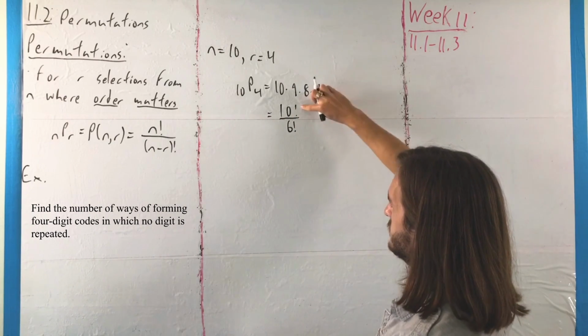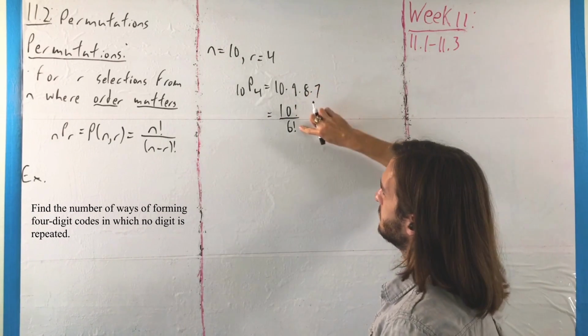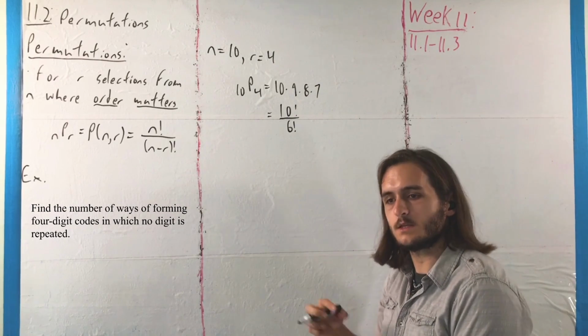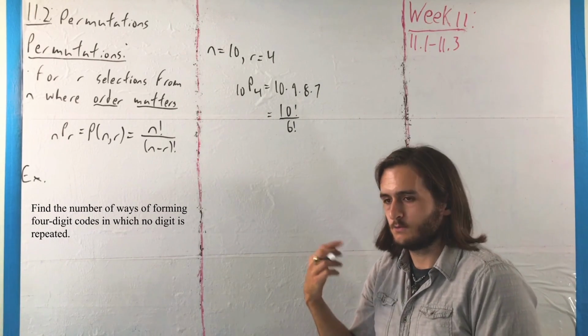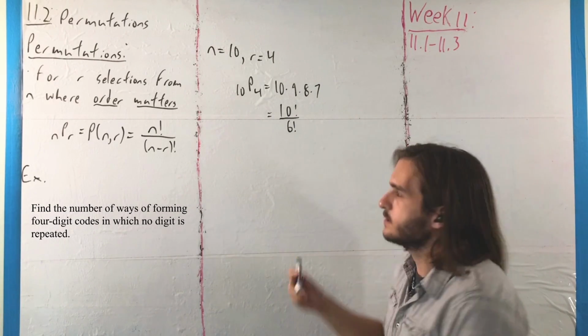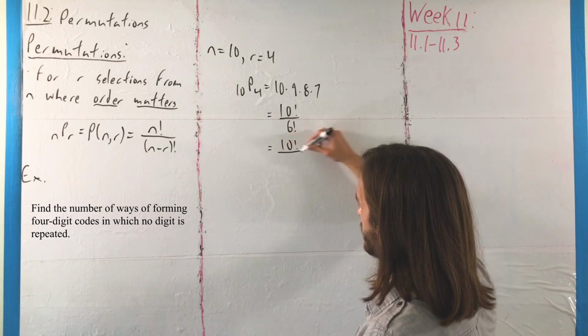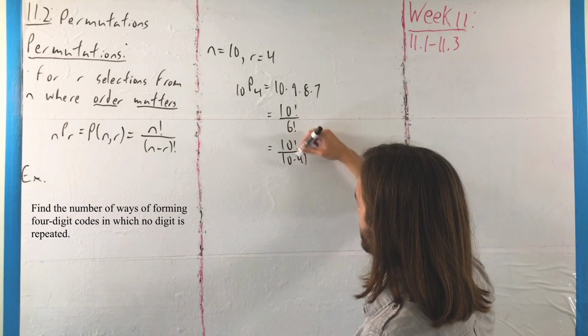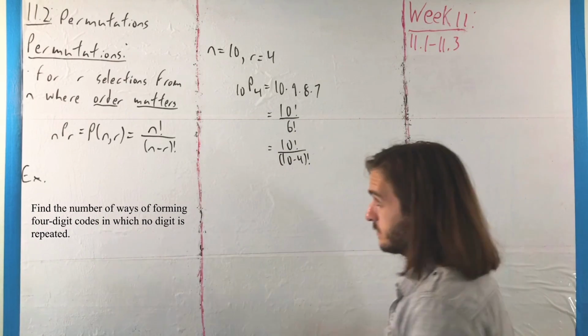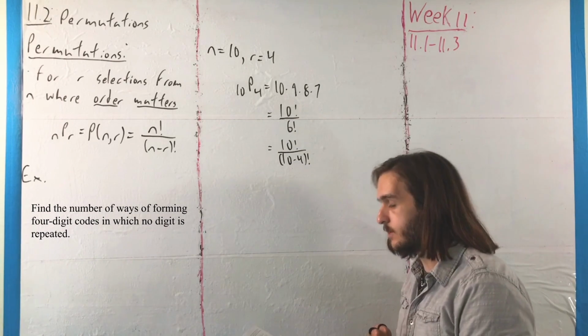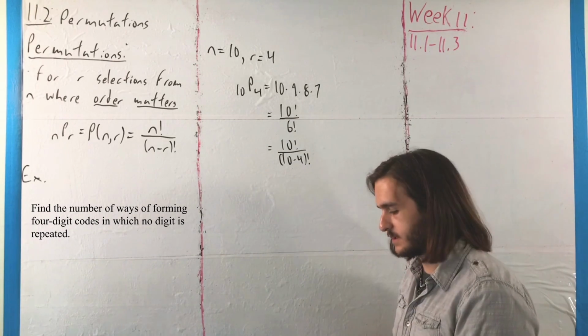That is 10 factorial total options, but we divide out the remaining 6 choices that don't matter, which is to say 10 factorial over 10 minus 4 factorial, as our formula gives us.